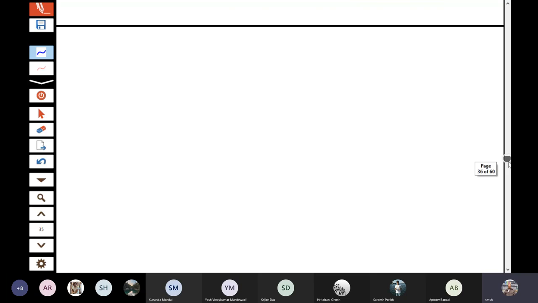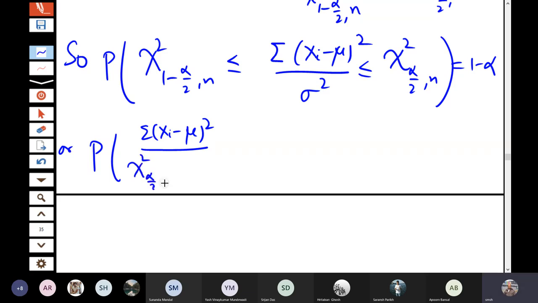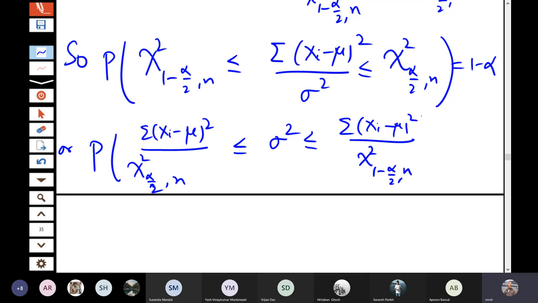So you will get the interval as sigma (xi minus mu) square divided by chi square alpha by 2, n less than or equal to sigma square less than or equal to sigma (xi minus mu) square divided by chi square 1 minus alpha by 2, n, that is 1 minus alpha.